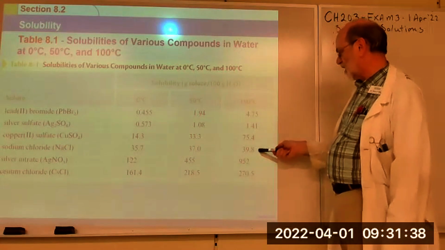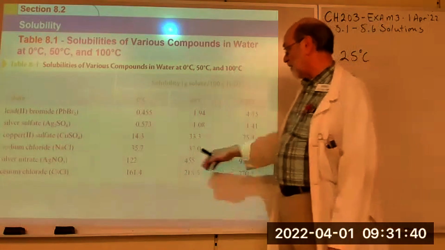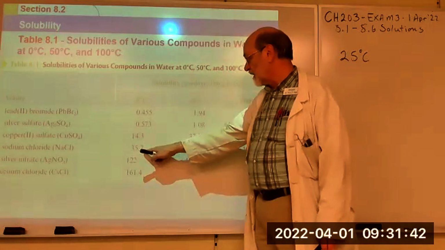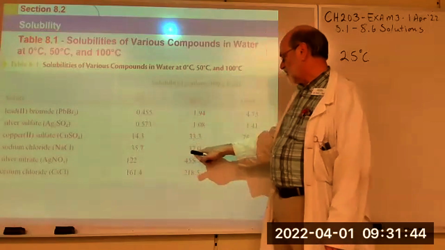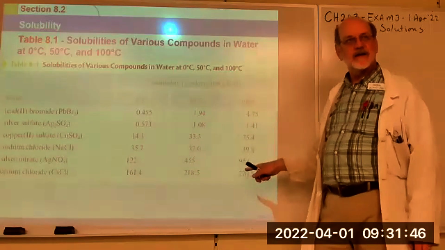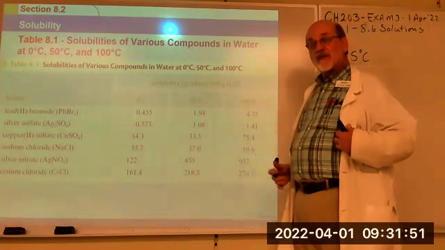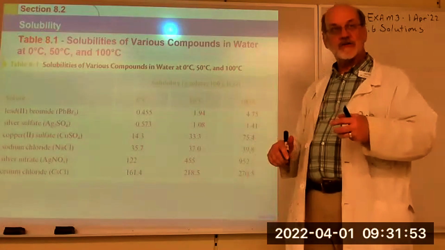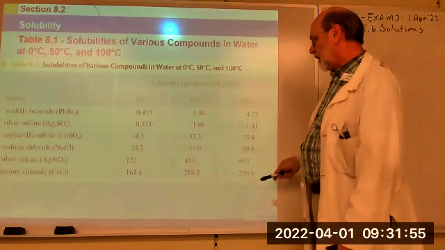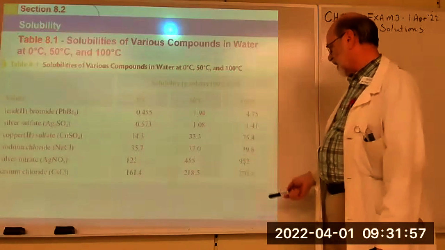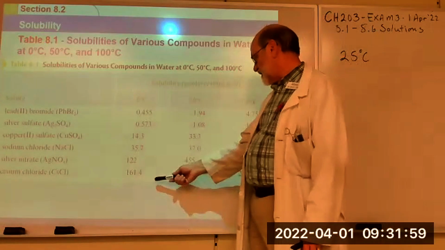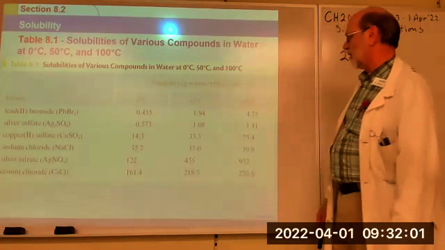Sodium chloride is more soluble. And they have variable amounts. Like sodium chloride is pretty soluble to begin with, so increasing the temperature doesn't make it a whole lot more soluble. It's really dependent upon the solute-solvent interaction. Silver nitrate becomes more soluble. Cesium chloride becomes more soluble.